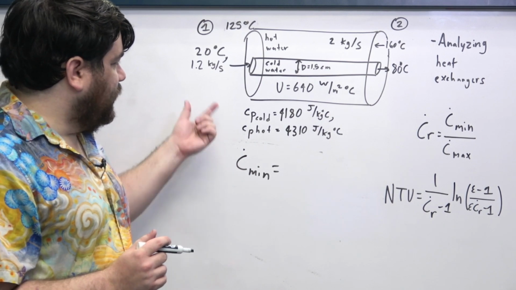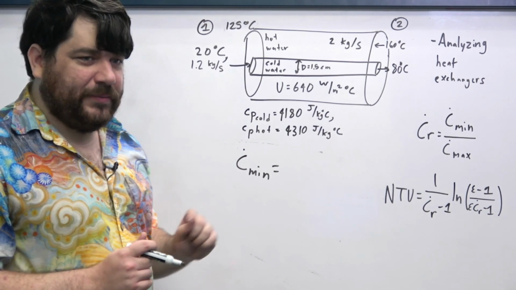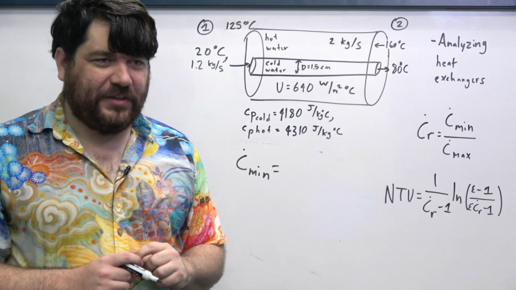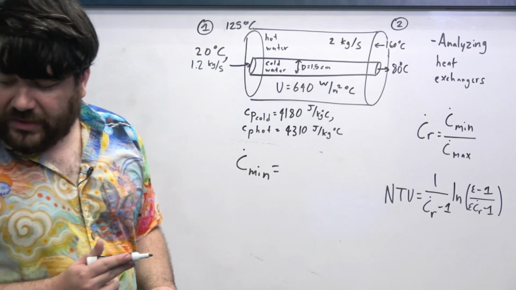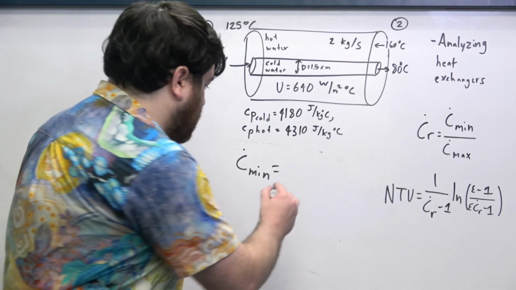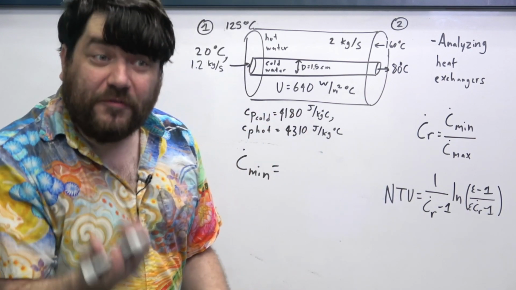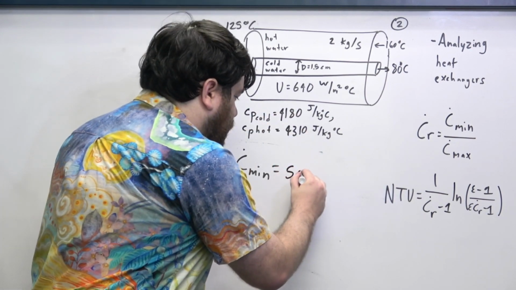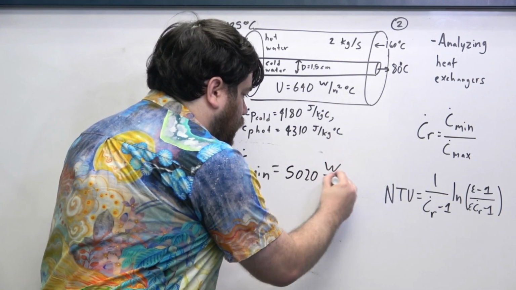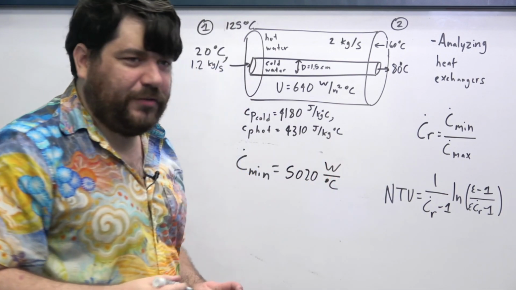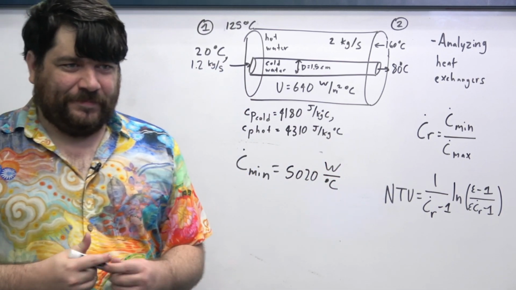So if I multiply the mass flow rate of the cold liquid by the specific heat capacity of the cold liquid, I would wind up getting a value of approximately 5,020 watts per degree Celsius, okay?